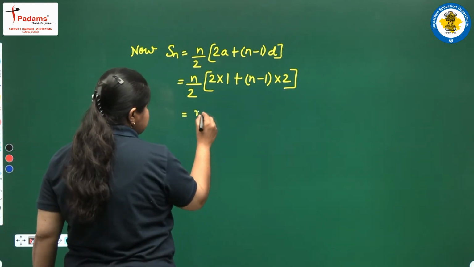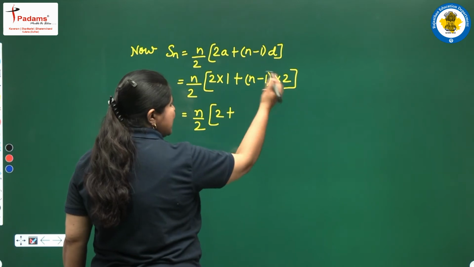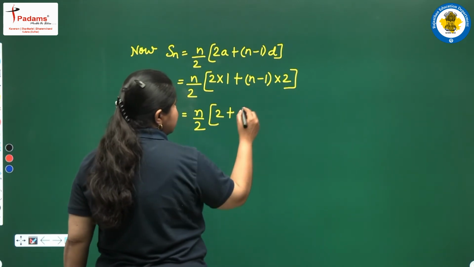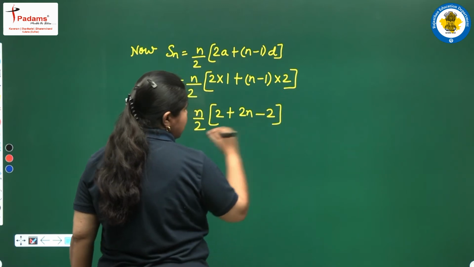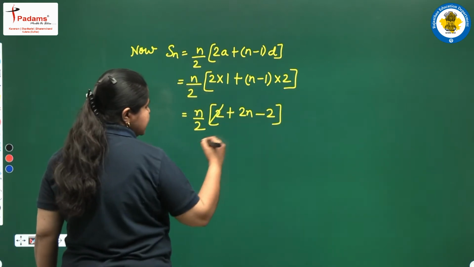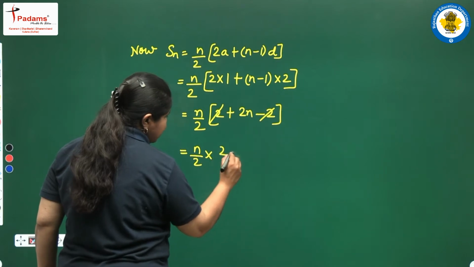This gives us n by 2. Here we have 2 ones are 2 plus, we multiply 2 with both numbers. 2 into n will be 2n and 2 into minus 1 will be minus 2. In the bracket we can cancel 2 minus 2. We will be left with n by 2 into 2n.